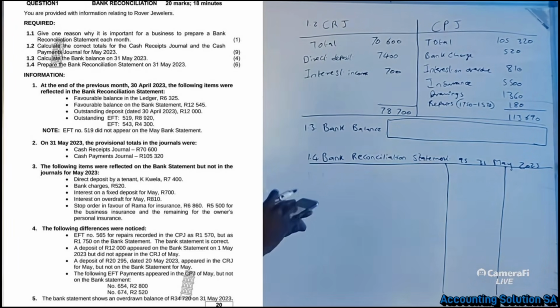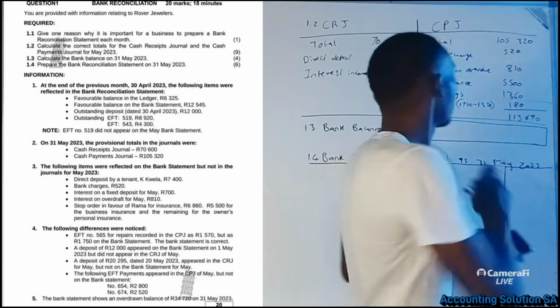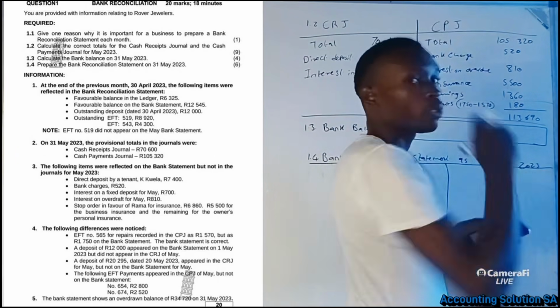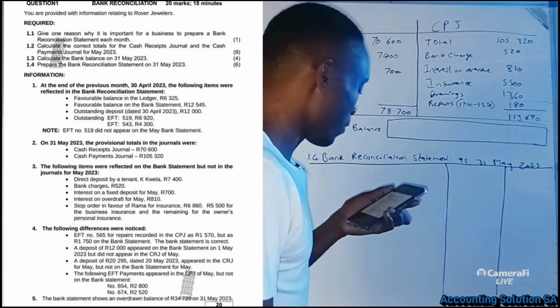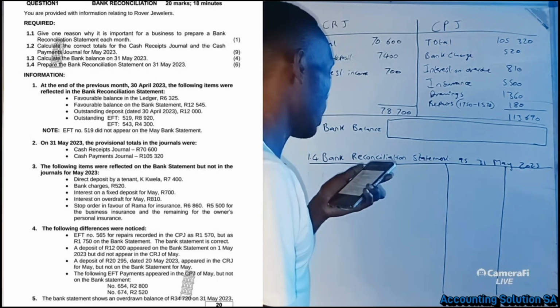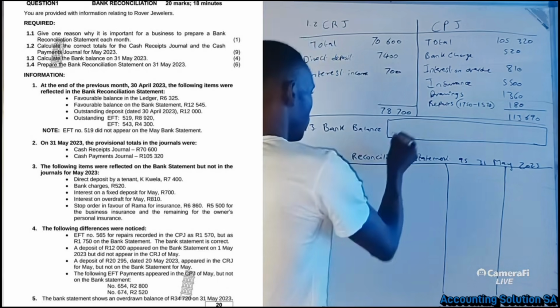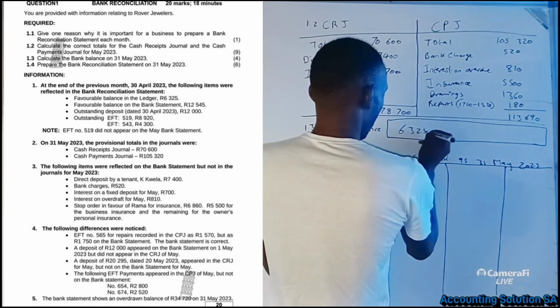Then 1.3, they said that we have to calculate the bank balance. How do we calculate the bank balance? Obviously, the first one, we have to start with opening balance, and we do this adjustment of these two. Then we're going to get balance at the end. Balance at the beginning, we're going to find it on number 1. A favorable balance in the ledger is 6,325.